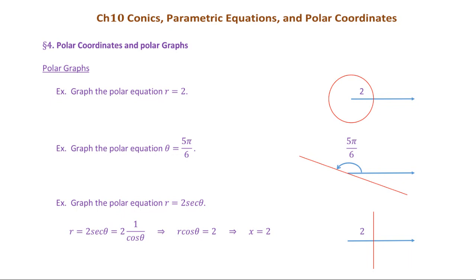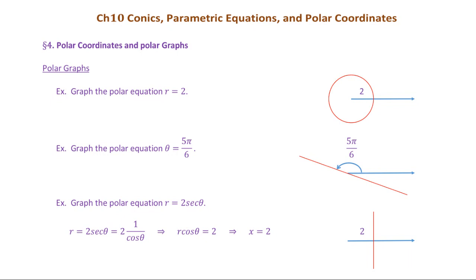How about the polar equation r equal to 2 secant theta? It might be a little hard to see from the original form of the equation, so let's convert it into rectangular coordinates. First, let's rewrite secant theta as 1 over cosine theta. So we get r equal to 2 times 1 over cosine theta.